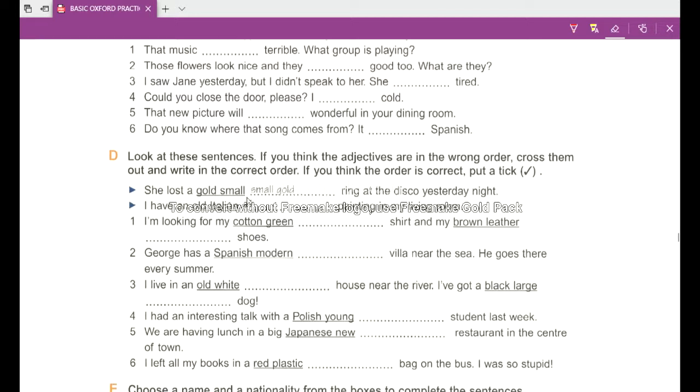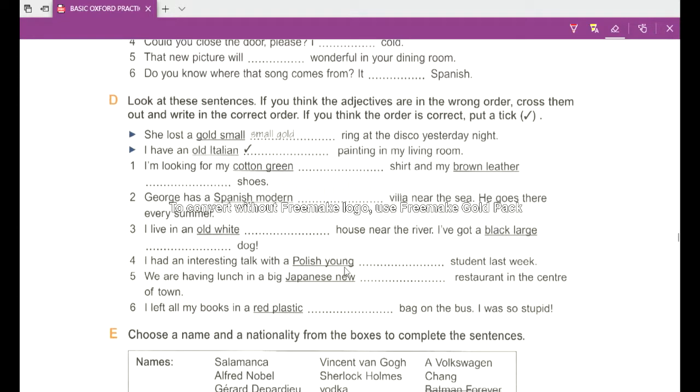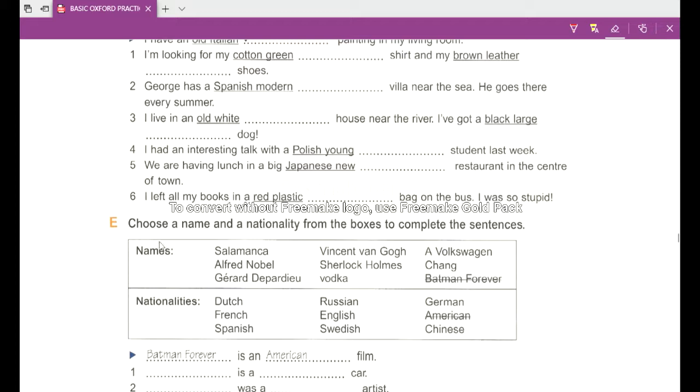Small gold, because gold is a material, small is an adjective. So you change. "I have an old Italian", so it's correct because we have a tick. Now you can fill the gaps, okay? Put everything in the gap. Remember that you have to write according to the order of the adjectives.